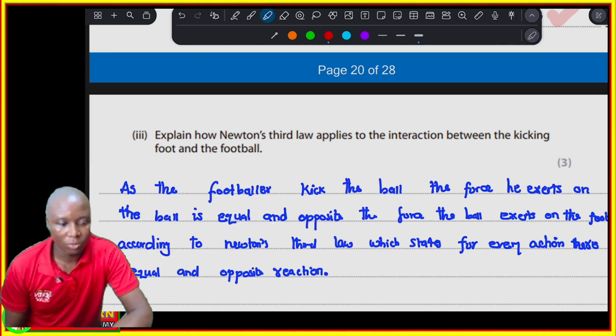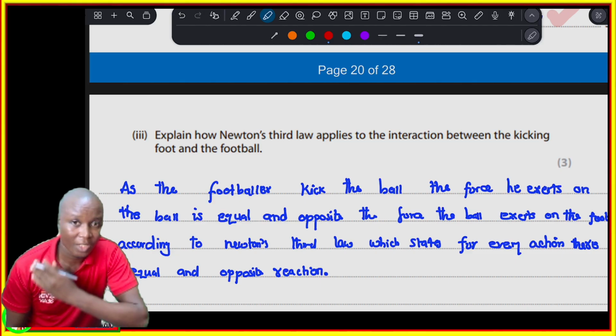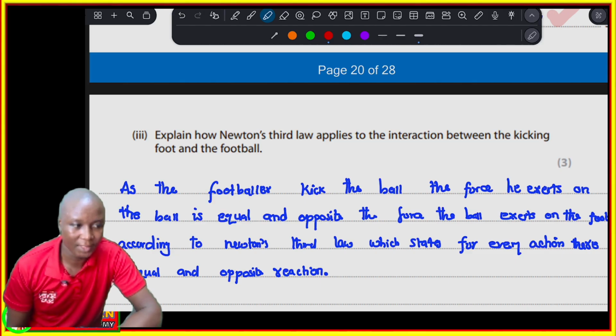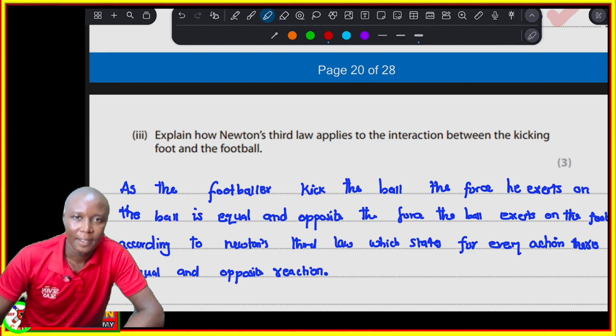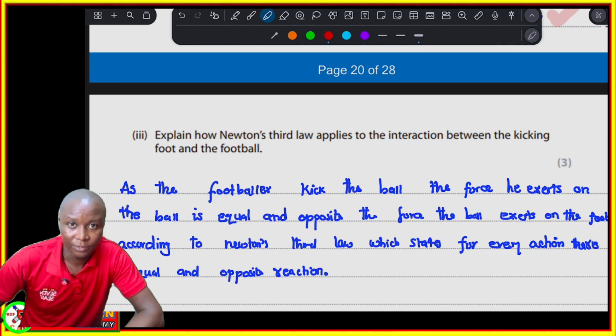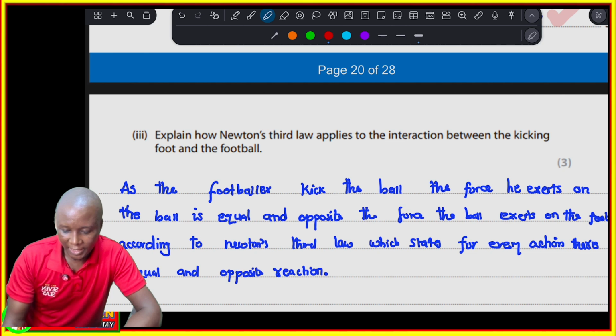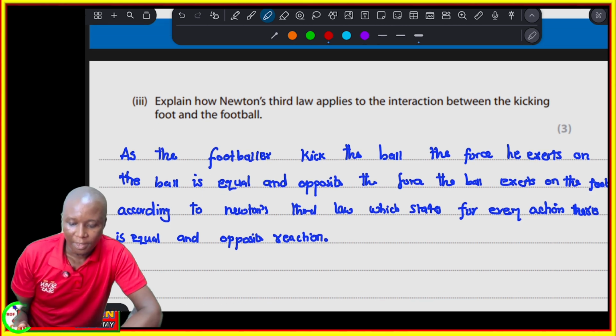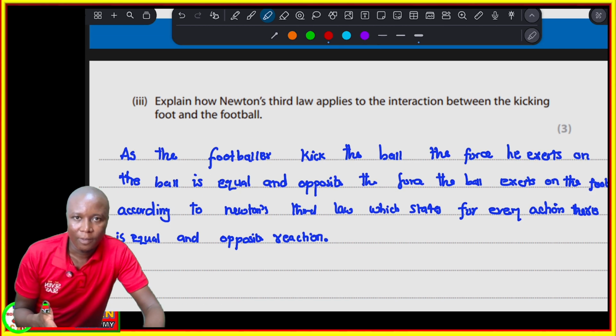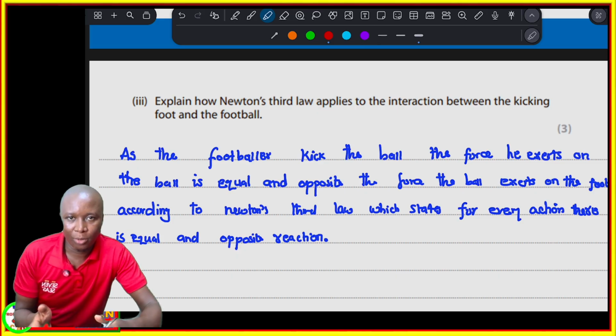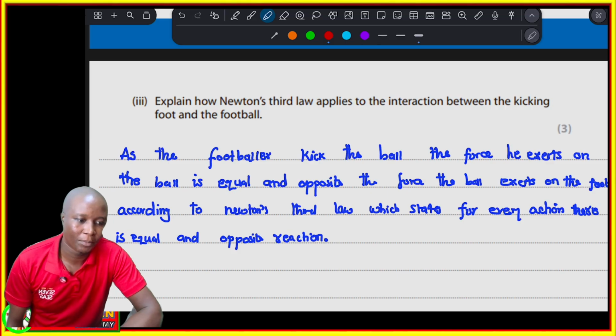What you are supposed to remember as a candidate is that Newton's third law states that for every action force, there's an equal and opposite reaction. So in that case, that means that if the footballer kicks the ball, the force the footballer exerts on the ball is equal and opposite to the force the ball exerts on the foot of the footballer.